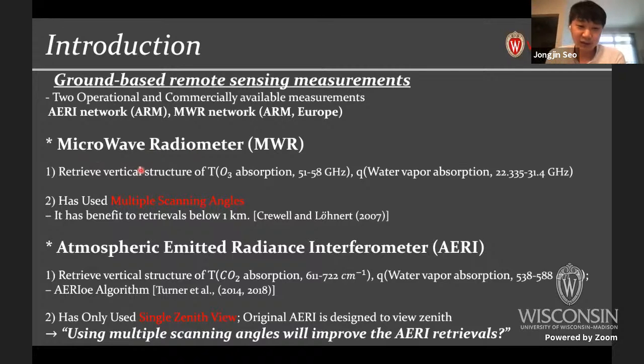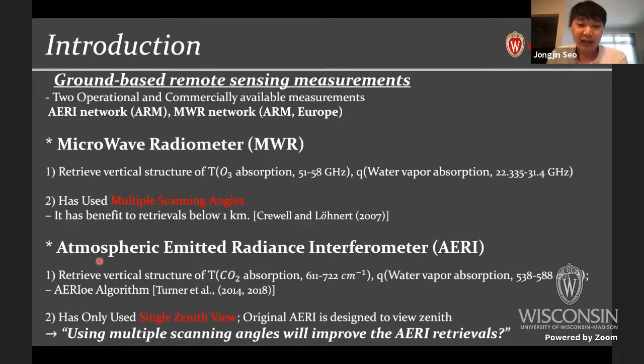Microwave radiometers retrieve the vertical structure of temperature and humidity using oxygen absorption and water vapor absorption in the microwave region. And we can also get liquid water path and cloud information from microwave radiometers. The MWR community has used multiple scanning angles to improve retrievals below 1 kilometer.